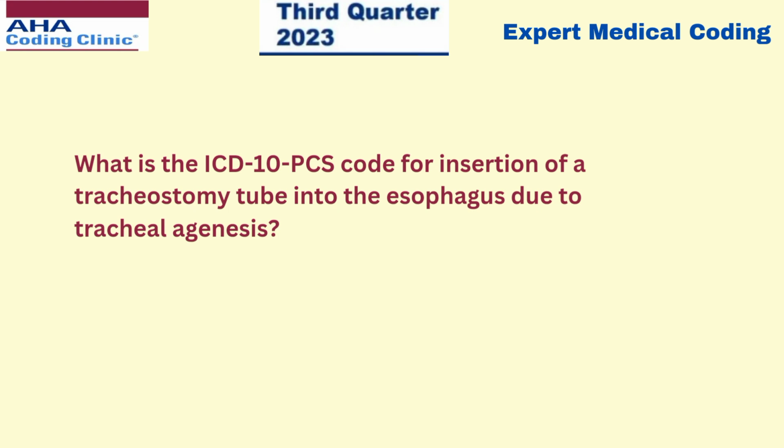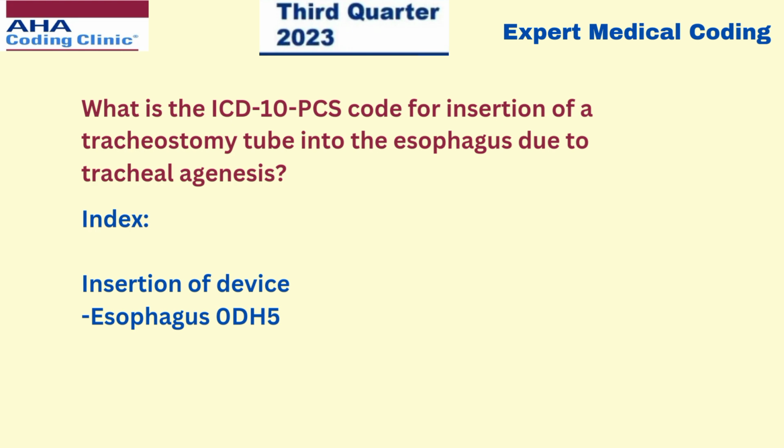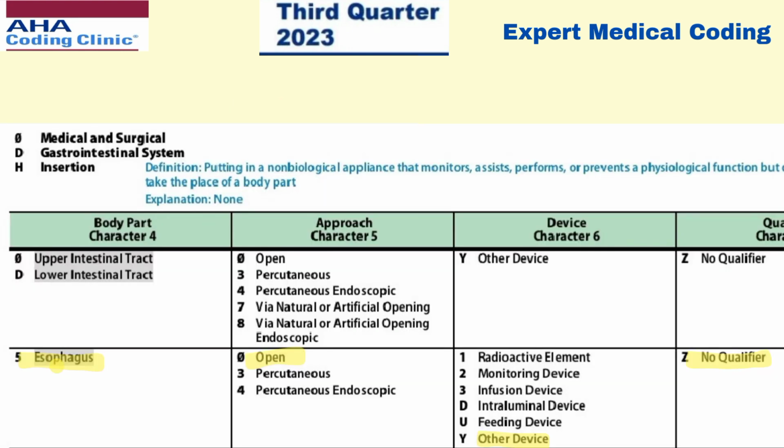Now let us see the answer for it. We have to go to the index and search for insertion of device, under that subterm esophagus, because the tracheal tube is inserted into the esophagus, and it will lead you to the code 0DH5. Now we'll go to the ICD-10-PCS table and look for 0DH5, and the approach is open here, and the device is other device.